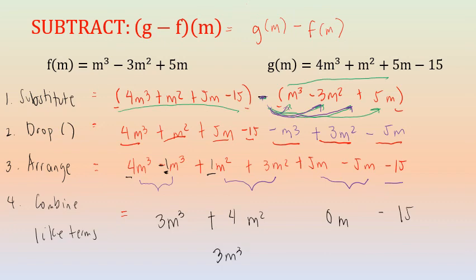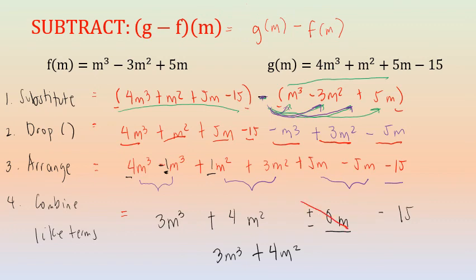3m cubed plus 4m squared. This time, itong term na ito, is this positive or is this negative? 0m. None. So, it is neither positive nor negative. Since this is 0, wala siyang sign. So, kapag ganito, class, eliminate na ito. Hindi na natin sinasama kapag may 0.